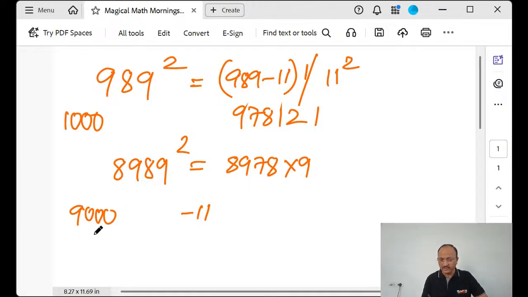See, the base is not 10,000. The base is 9,000. Correct? So you should multiply by 9 and then add this one. 11 square is 121. That is okay. 121 is clear. But multiply by 9 and then you write the answer. Shortcut for multiplying by 9: 1 9 is there.